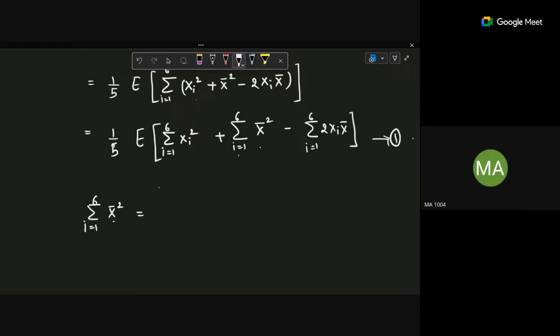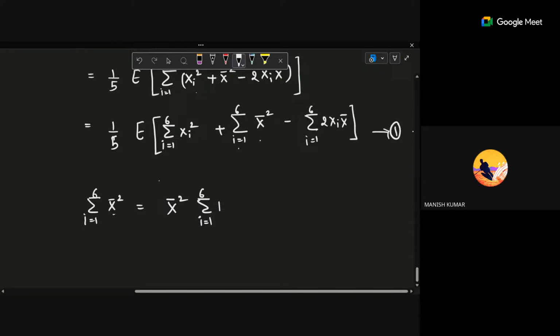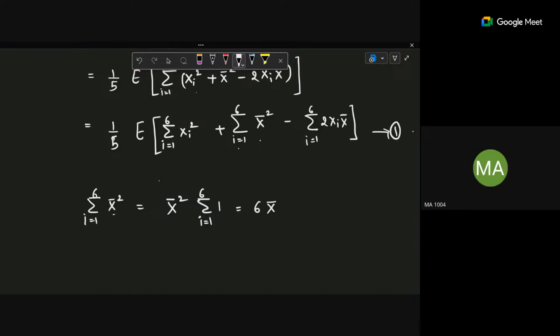When there is any constant term, we just common it outside, and then we will be left with summation i is equal to 1 to 6 of 1 only, that is 1 plus 1 plus 1, 6 times. So this is 6 x bar square.